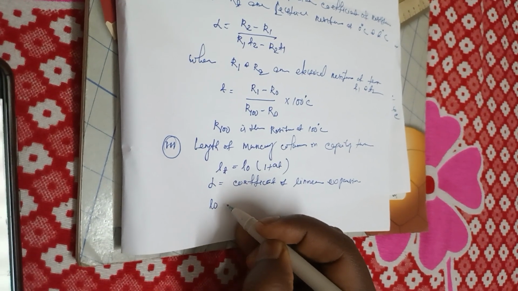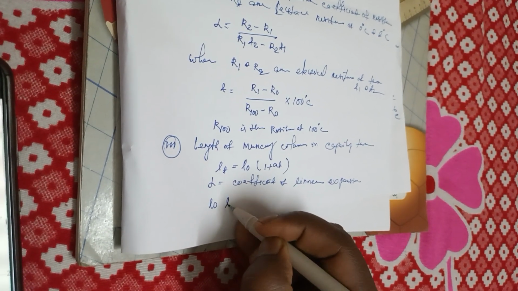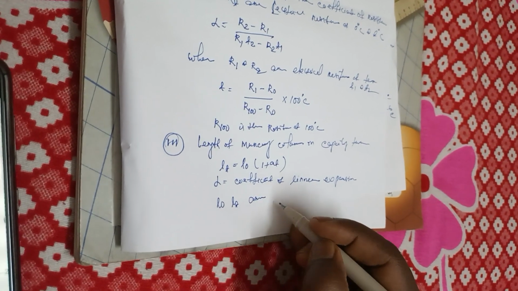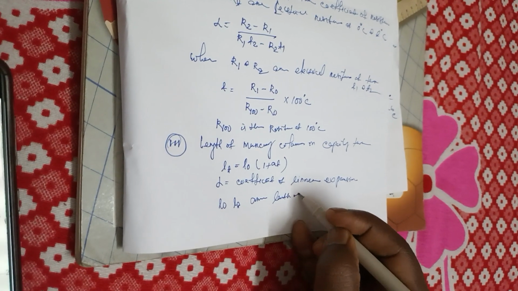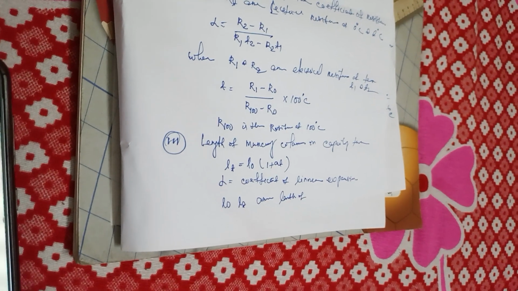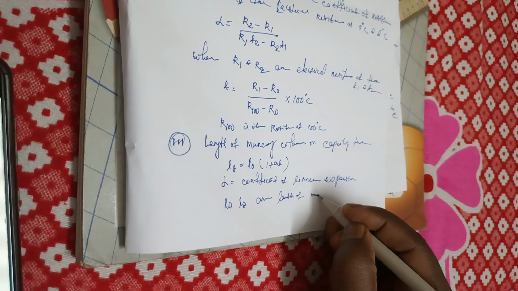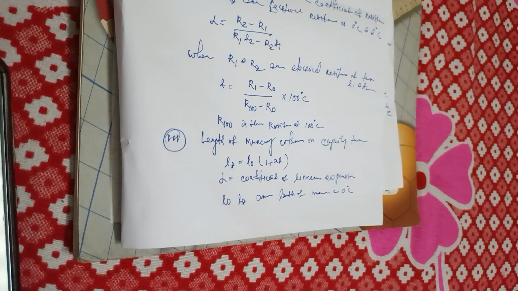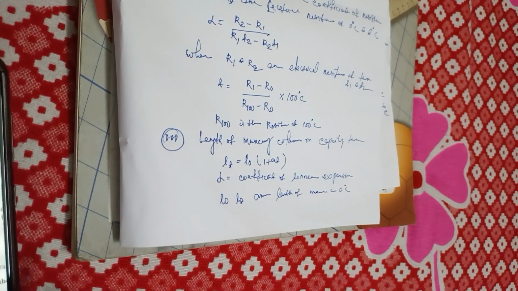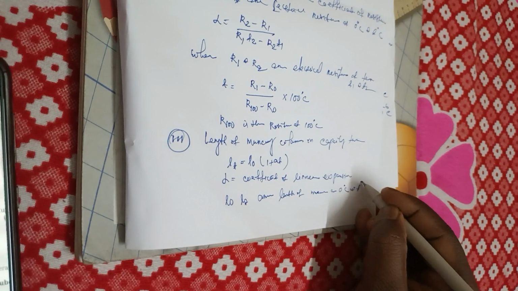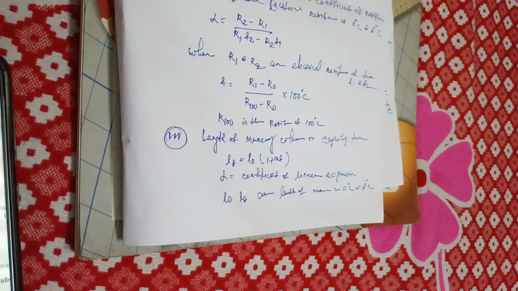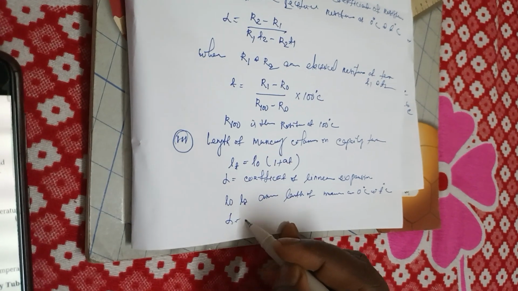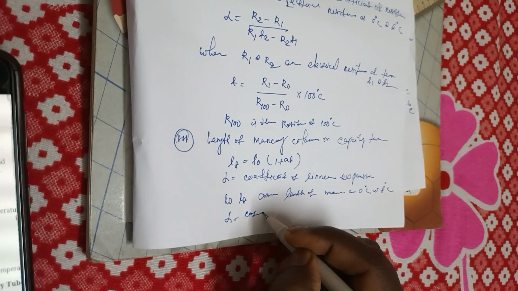L0 and Lt are the length of the mercury column at 0 degree centigrade and T degree centigrade, where alpha is the coefficient of linear expansion.